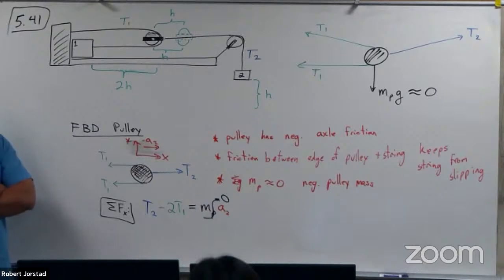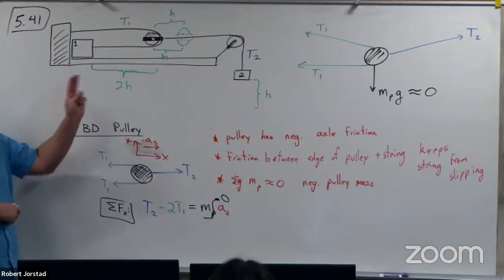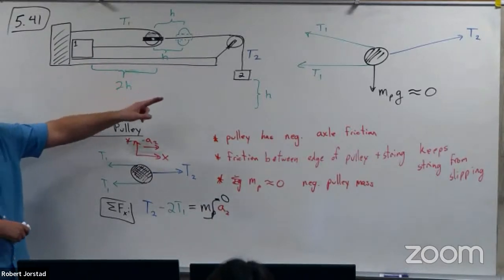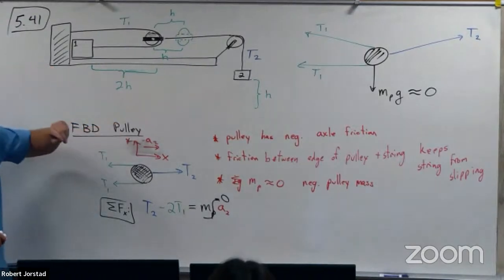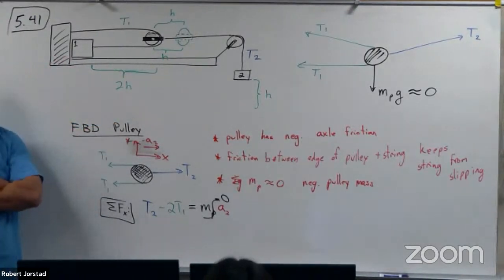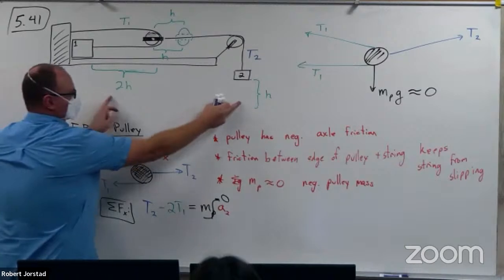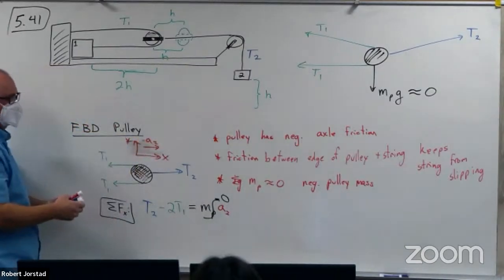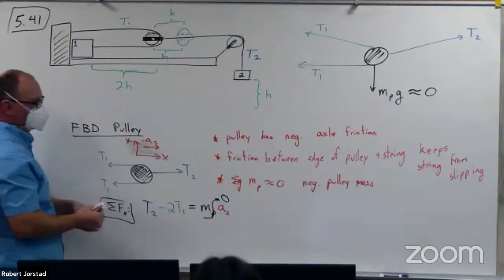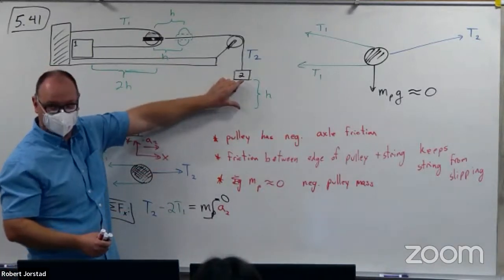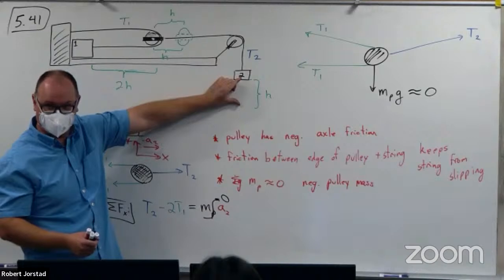Let me ask you this. Will these two blocks have the same acceleration? Will acceleration of 2 be the same as acceleration of 1? What do you think? How do they relate? Exactly. Think about it. If this one has half the distance, it should have half the acceleration. Agreed?